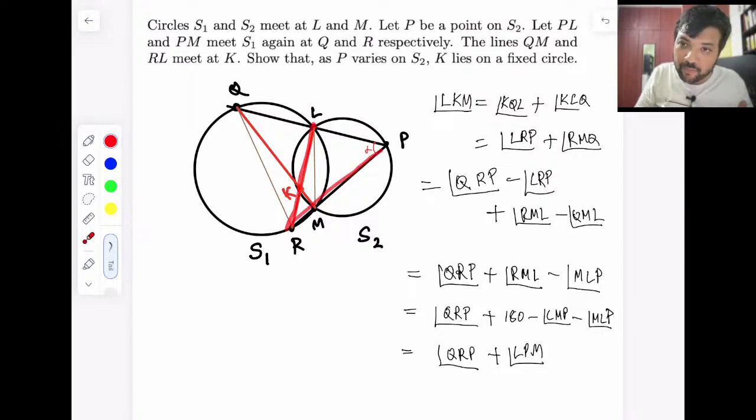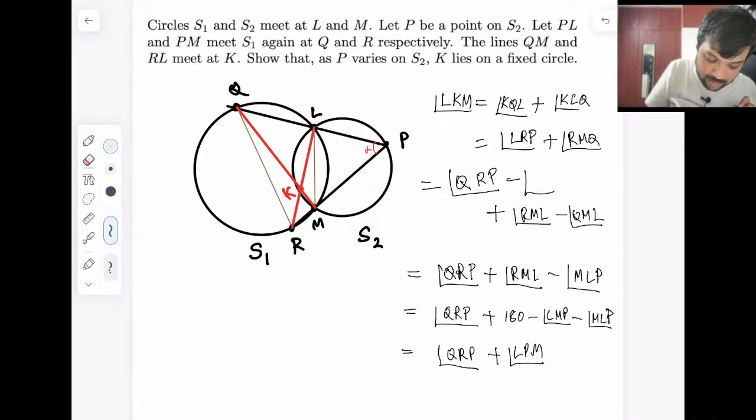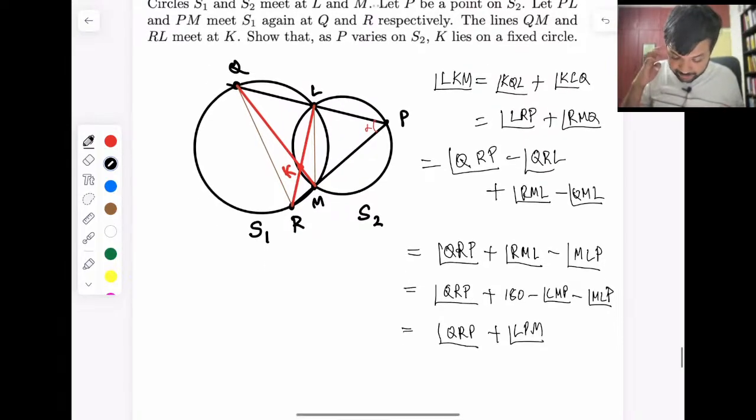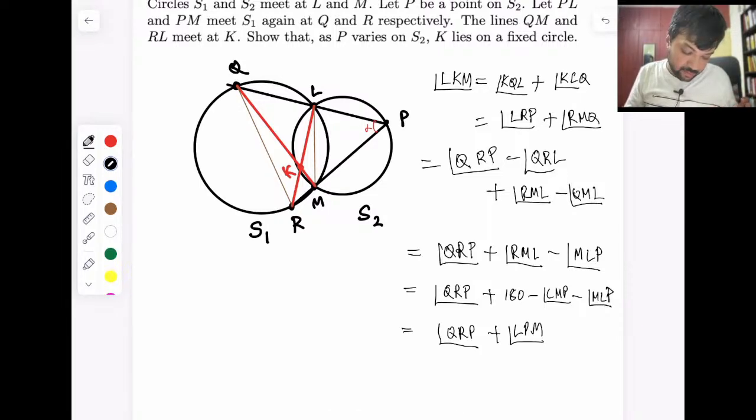LRP is QRP minus QRL. Okay, all right. QRP minus QRL. Okay, so QRL we can change it to QML.